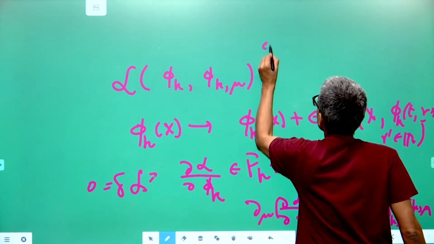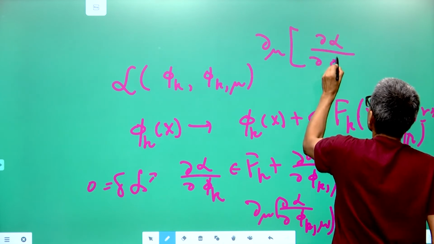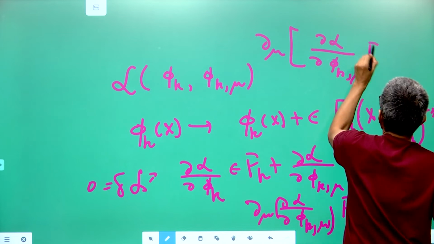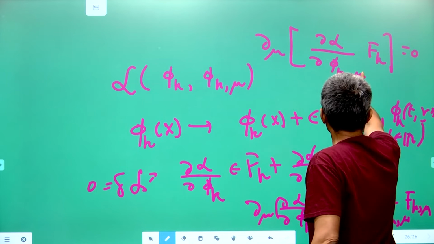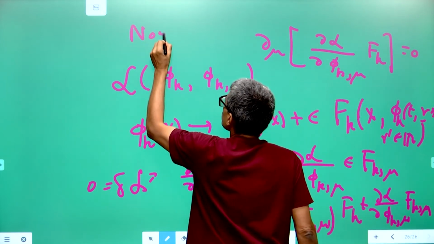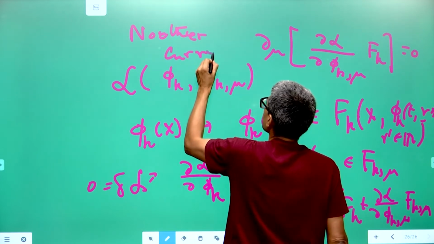This equation can also be written as ∂_μ of ∂L/∂φ_k,μ multiplied by f_k. This is 0. That means you have a conserved quantity. The divergence of this is 0. This is called the Noether current associated with this symmetry.